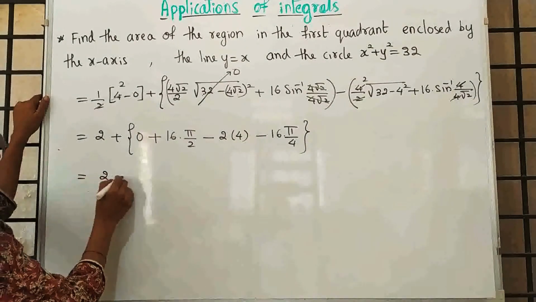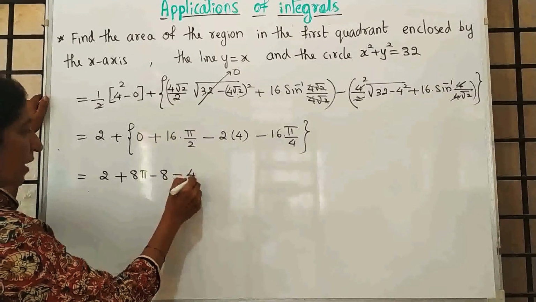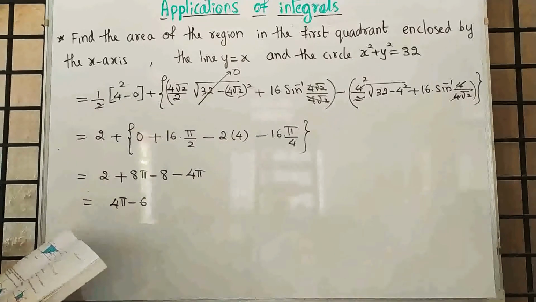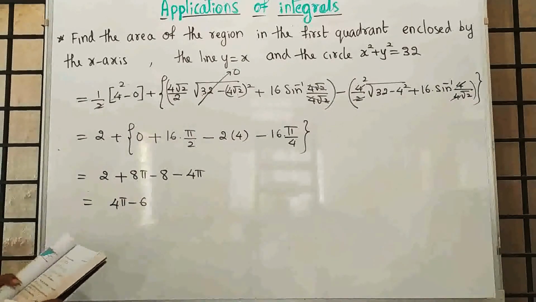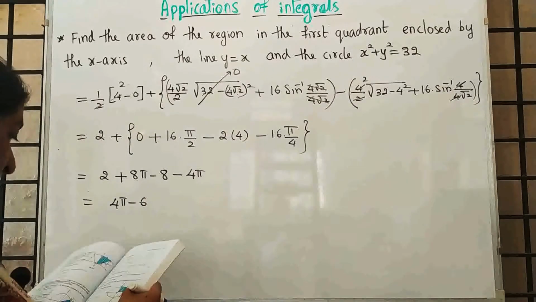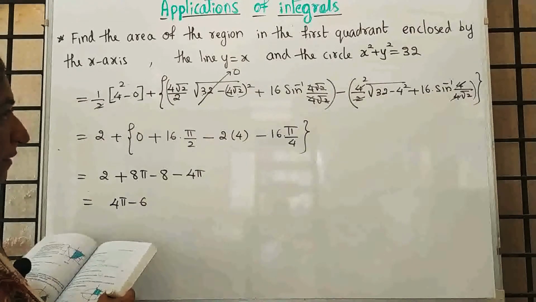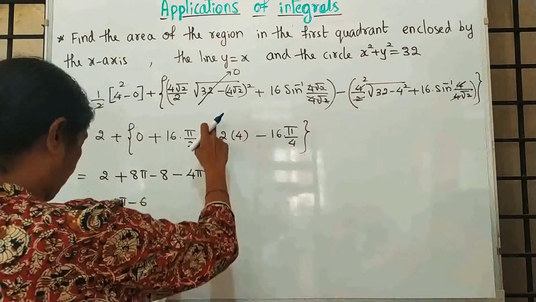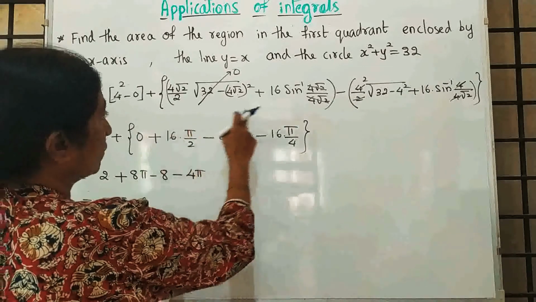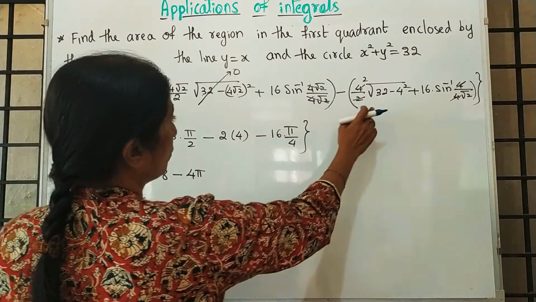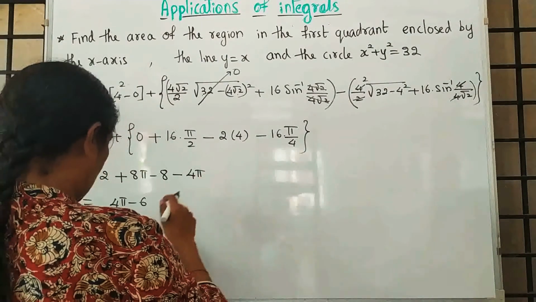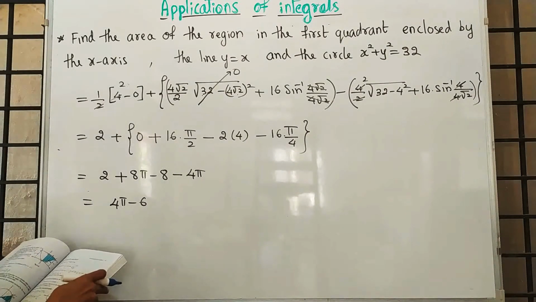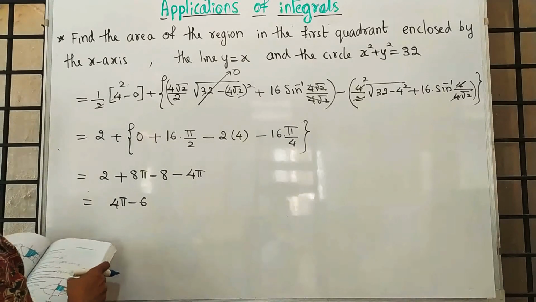This is 2 plus 8 pi minus 8 minus 4 pi. It is 4 pi minus 6. So the answer is 4 pi minus... Here I made a mistake, please make the correction.